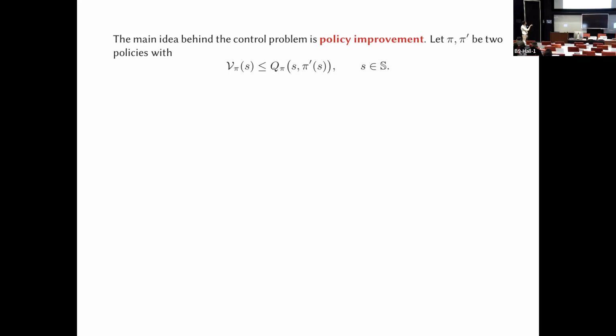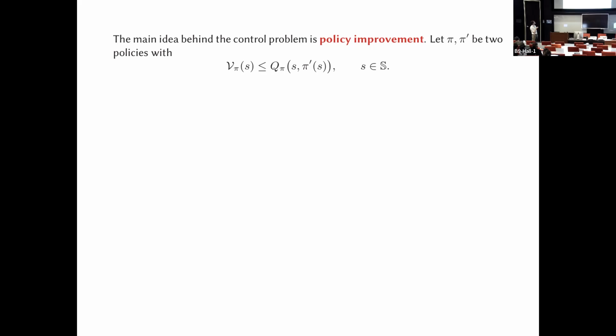And the starting point here is, let's suppose we have two policies. A policy pi, where we have already computed the value function and the associated Q function. And now suppose that in that Q function, I choose next the action according to our second policy, pi prime, in that particular state.